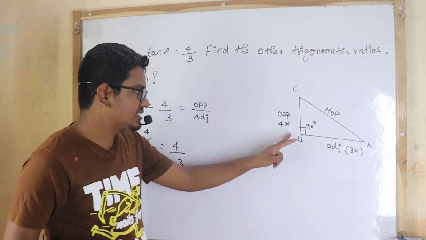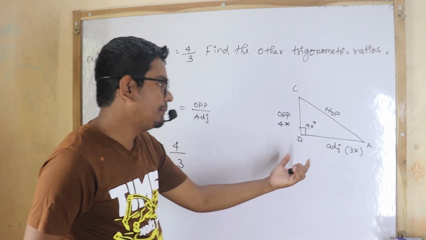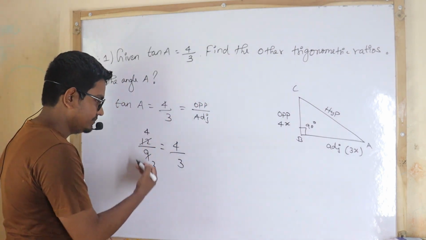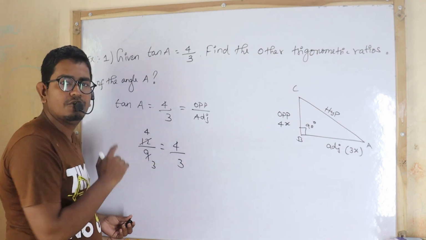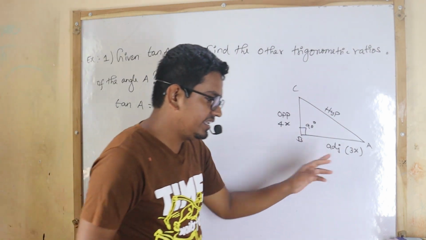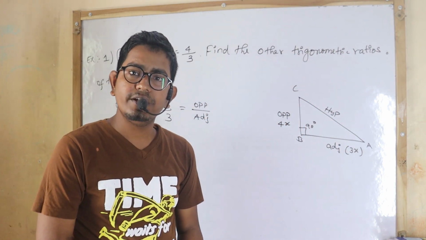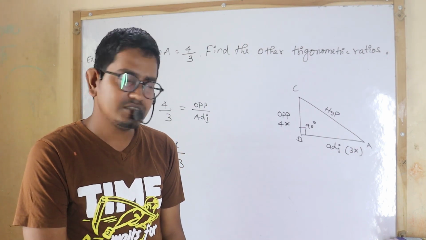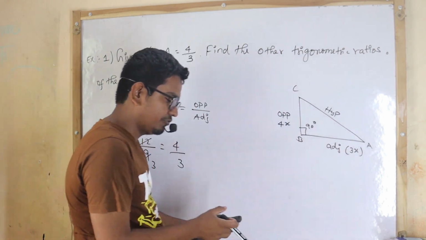The length of this side may be 12 and this side may be 9, and upon dividing the fraction I might get 4 by 3. That's why I chose 4x and 3x, because whatever the lengths may be, surely they are going to be in the multiples of 4 and in the multiples of 3.